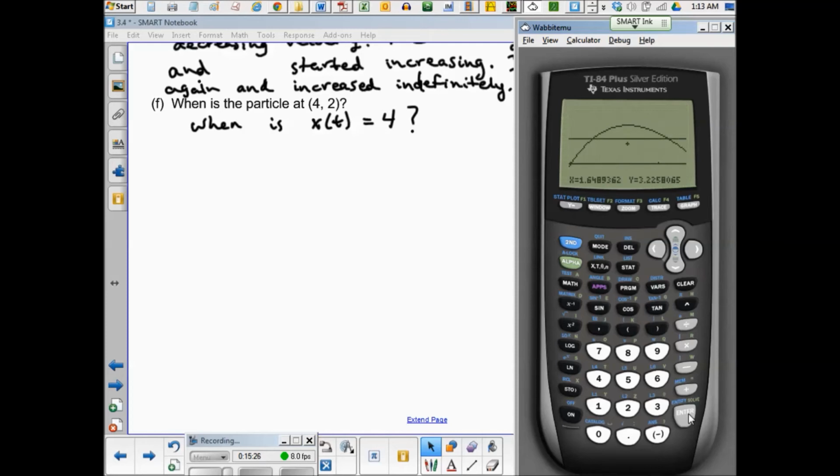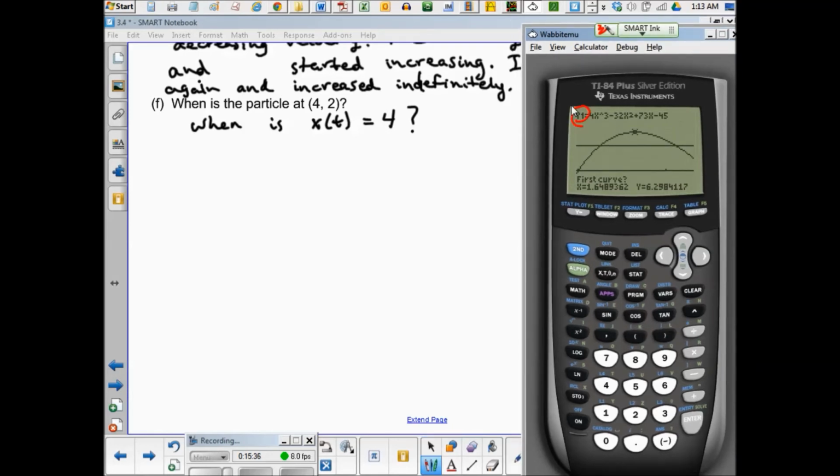I'd like those 2 points first, and then there's another one over to the right. I'm going to do a calc intersect. Curve y1 is my first curve. Second curve is y3. It automatically highlights that when I press enter because y2 is turned off right now.